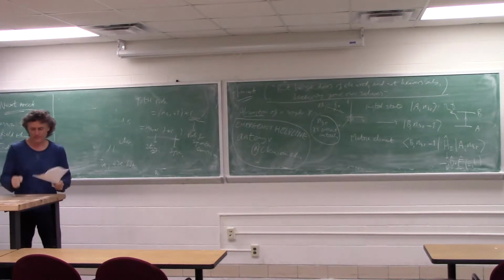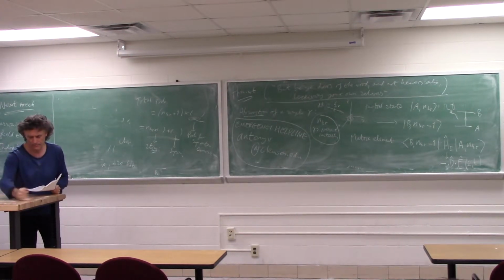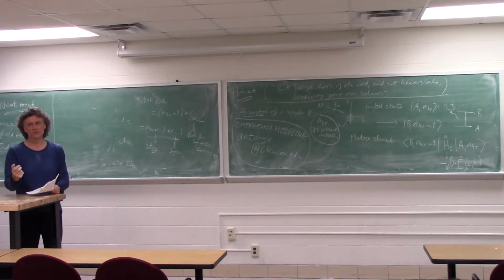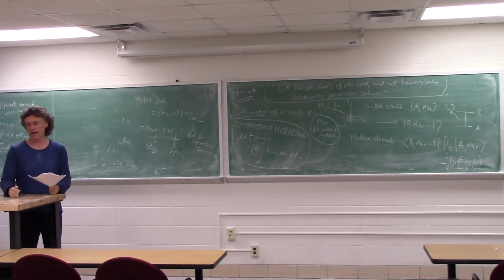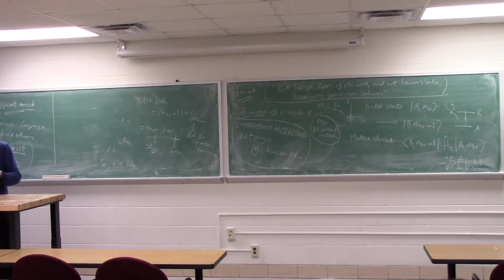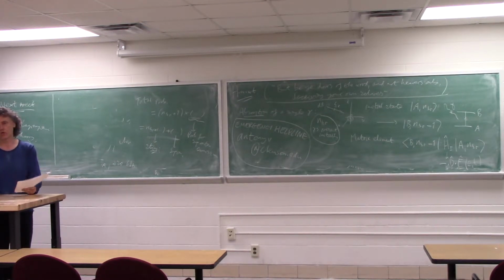Something I should say. Sometimes you have to distinguish between tools that you need to know about and be able to use, and knowing all the little nitty-gritty of how these tools are derived. For the purpose of this course, there are some basic results of Lagrangian field theory that you need to be able to use, and that's what we really need. Indrajit is going to explain where they come from and the background.